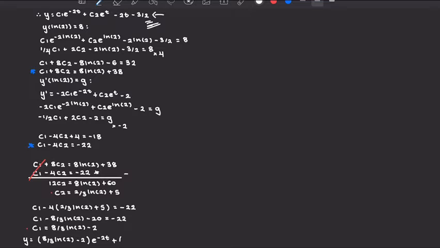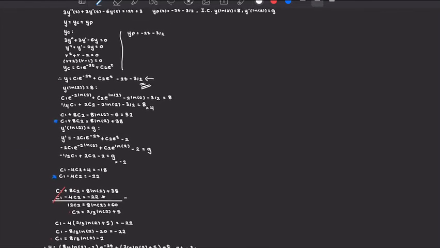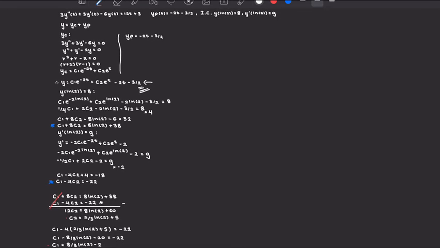C2 is 2 over 3 ln 2 plus 5 times e to the t. And then our particular solution at the start of the problem, which is just negative 2t minus 3 over 2. And so this is our final solution to the second example of solving non-homogeneous linear ODE equations, as well as the superposition principle.